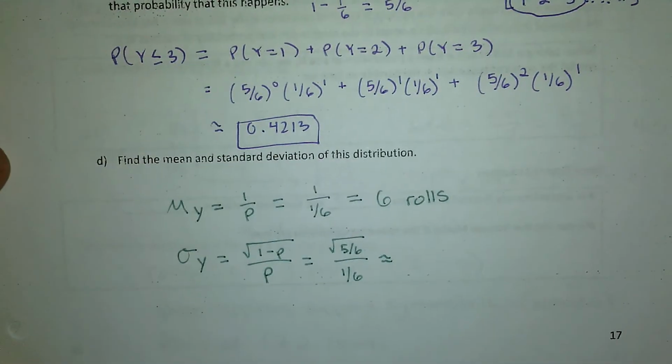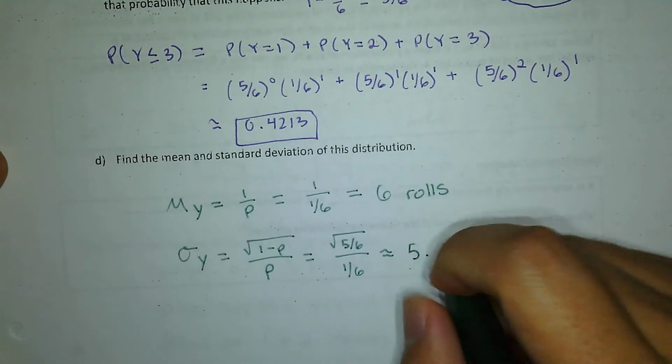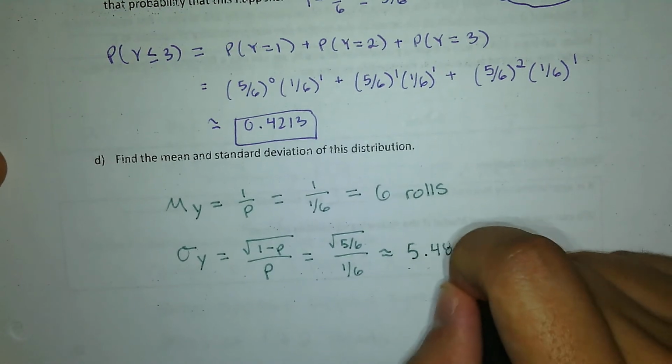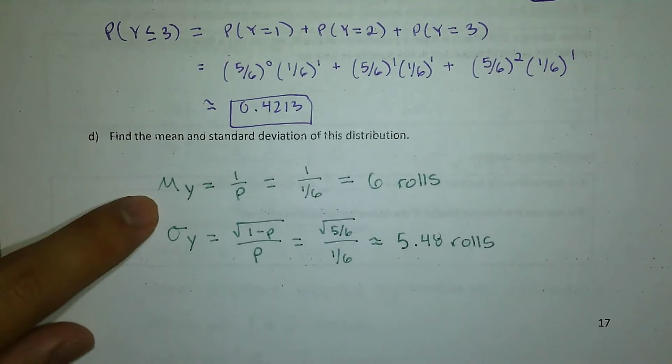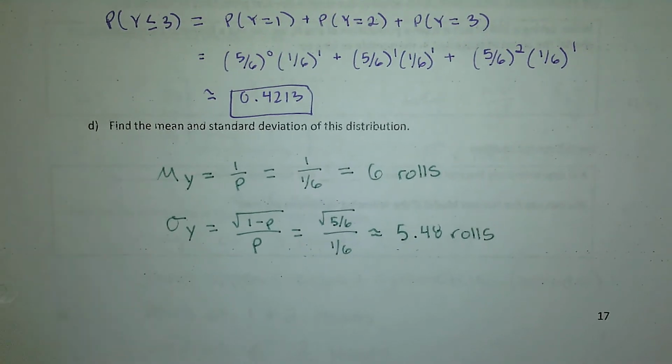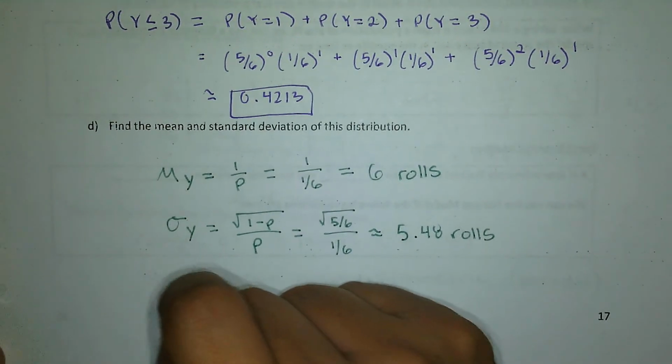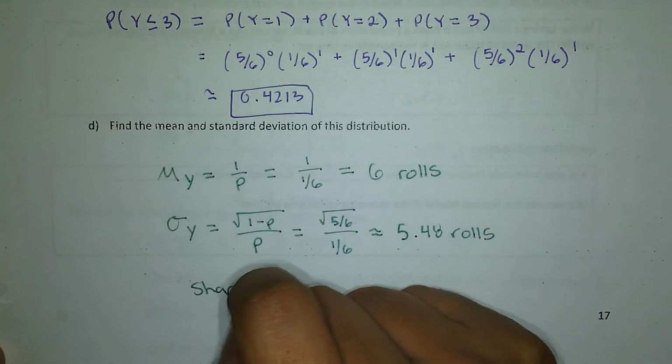I'm just going to round here, so we'll call that 5.48 rolls. And again, you could be asked to interpret these parameters, but here's our center, here's our spread, and we know the shape, regardless, will always be skewed right.